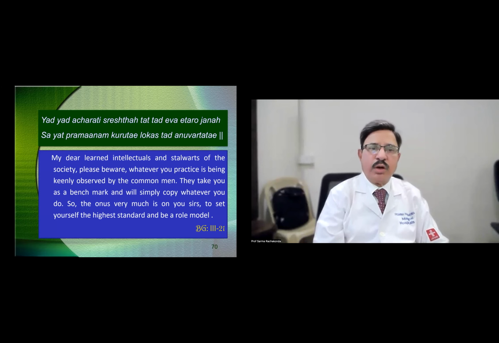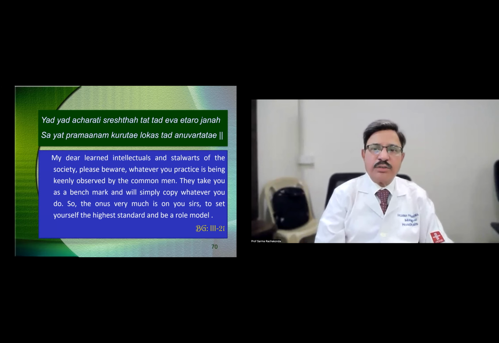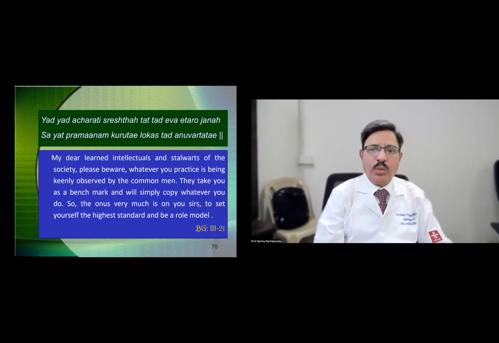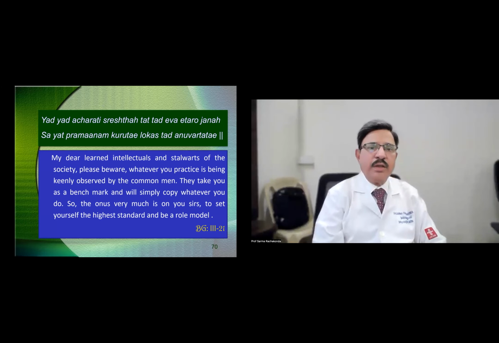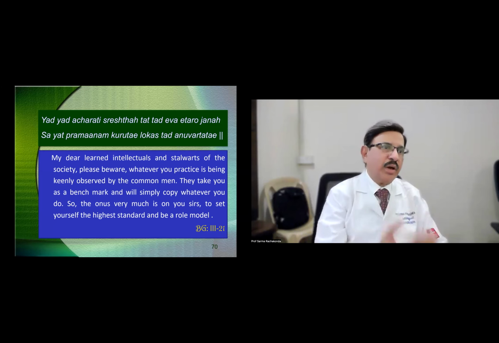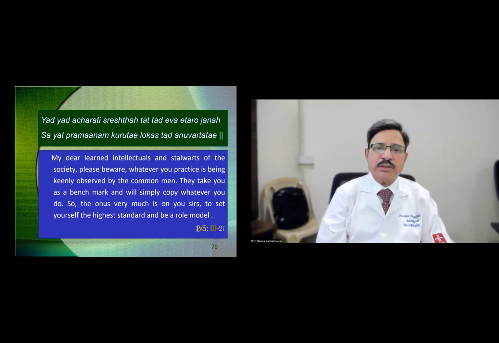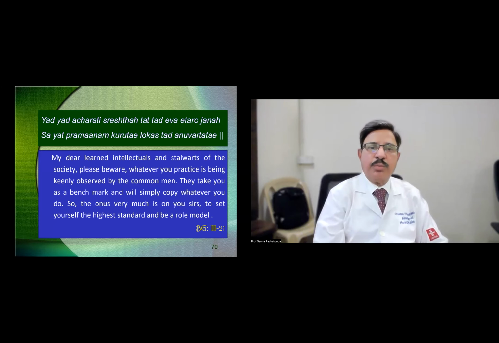It means, my dear learned intellectuals and stalwarts of society, please be aware, whatever you do, whatever you practice, is being keenly observed by the common man. The shrestha people, educated persons like us, teachers and doctors and professors and engineers and software people, and the businessmen, whatever they do, the others will copy.